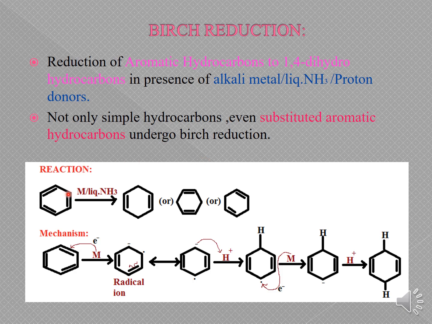Okay, in the reaction in general, when an aromatic hydrocarbon, that is, your arene compound or benzene, is treated with the metal and liquid ammonia, then the diene is formed, and this is similar to this compound. Okay, that is your diene. You can write this type of diene.